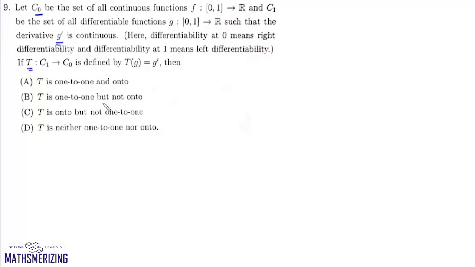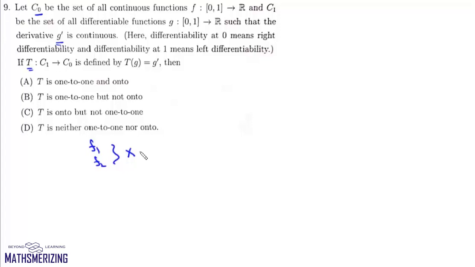Now this function, clearly it cannot be a one-one function, because we can always consider two functions which differ only by a constant, and in that case both of them will be mapped to the same function in C0. So this function is not one-one. Now what about onto?